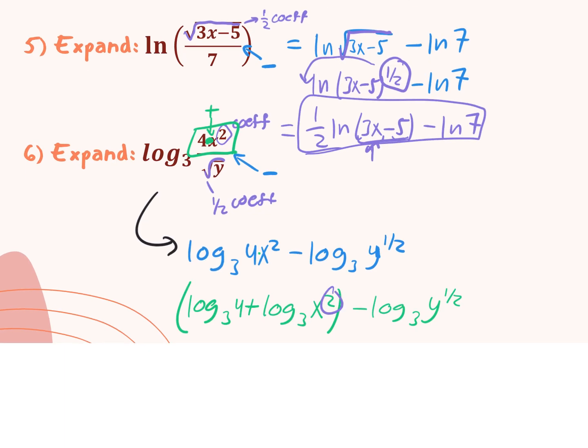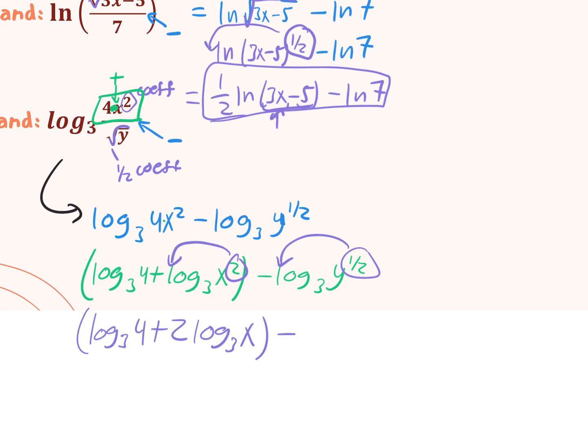We see an x squared, that's going to become a coefficient. We see a 1/2, that's also going to become a coefficient. So I would write this as log base 3 of 4 plus 2 log base 3 of x minus 1/2 log base 3 of y.